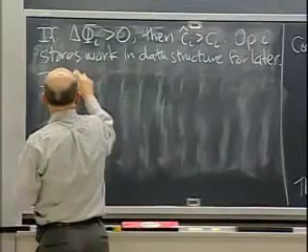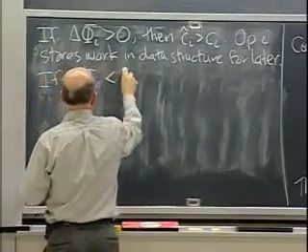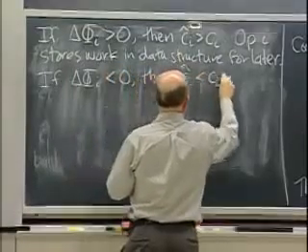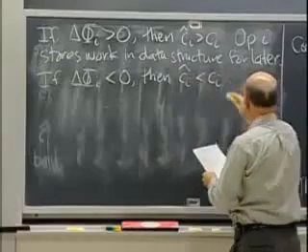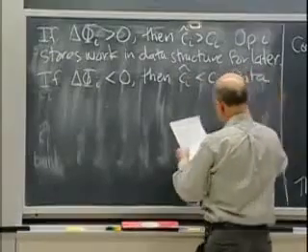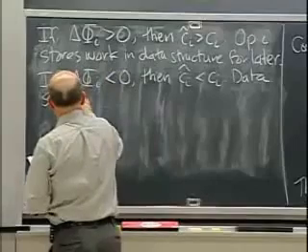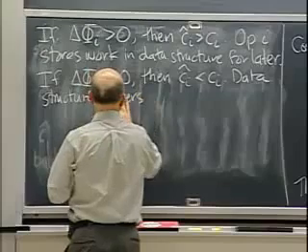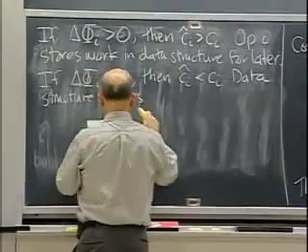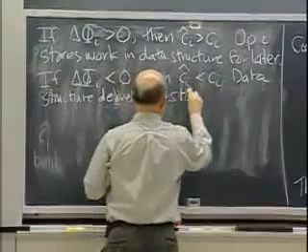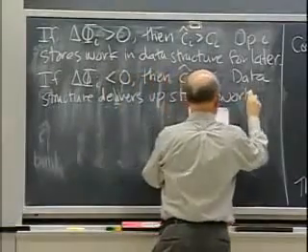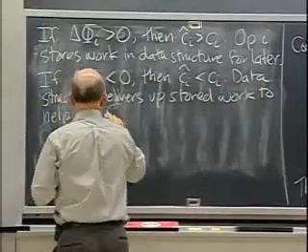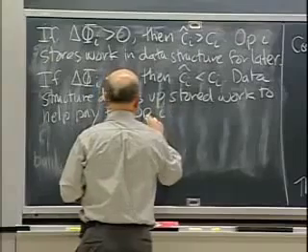Similarly, if delta phi i is less than 0, then Ci hat is less than Ci. And so the data structure delivers up work to help pay for op i.